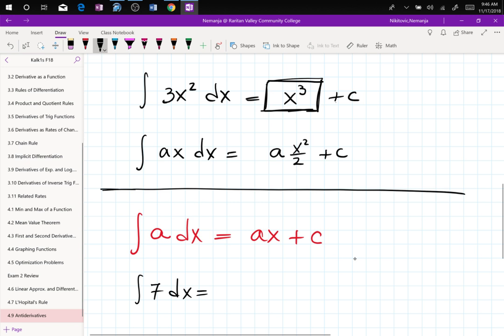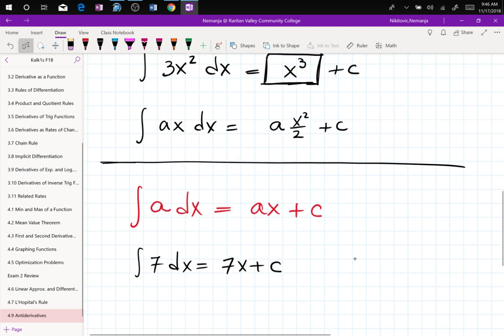It will be 7x plus c. Very good, 7x plus c. Because to check, the derivative of 7x plus c: the derivative of 7x is 7, plus the derivative of c is 0, and there is a 7. You can check using the derivative.